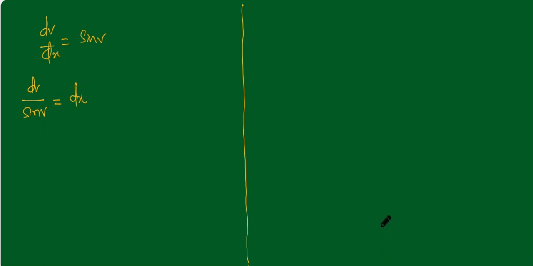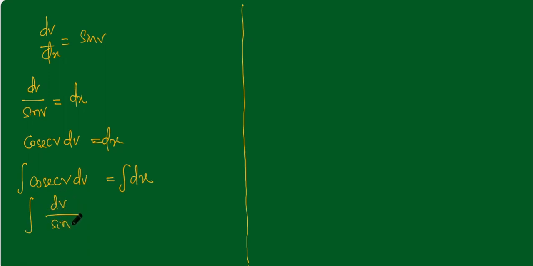So we know the next step is to integrate both sides, which we are going to be doing right now. But before that, 1 over sine v is cosec v, so we can write this as cosec v dv is equal to dx, after which we can now integrate both sides. So we have the integral of dv divided by sine v is equal to x plus c.